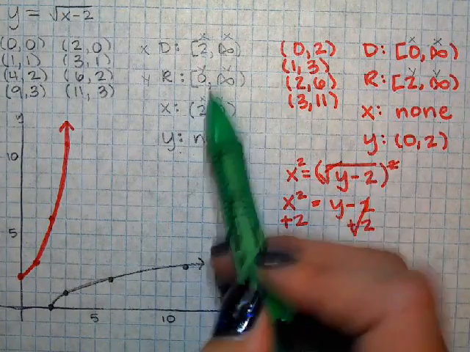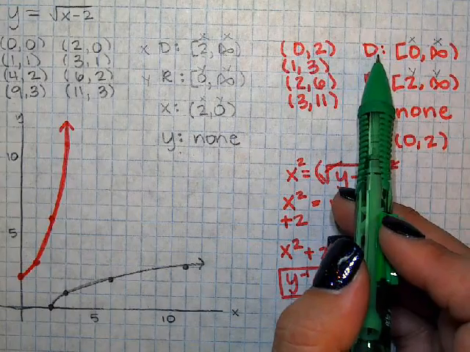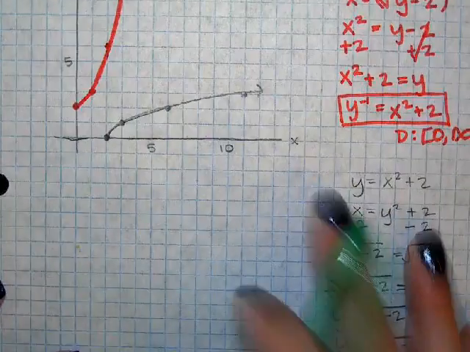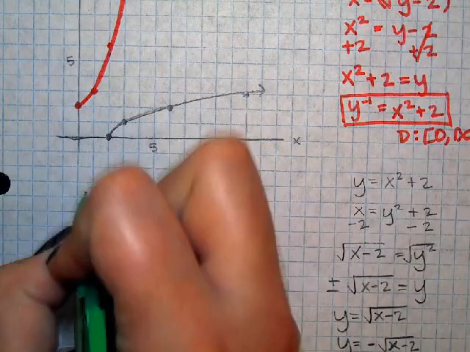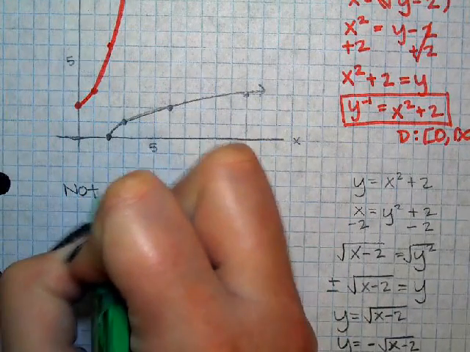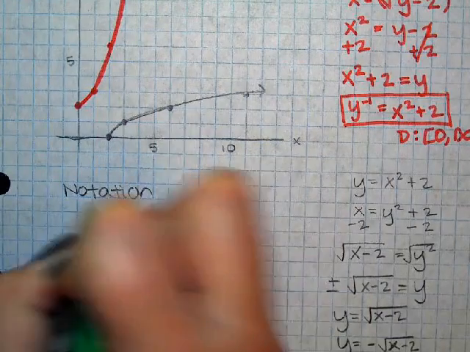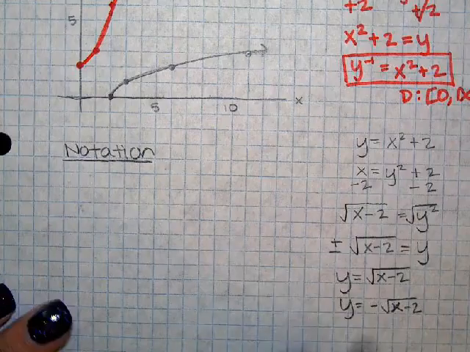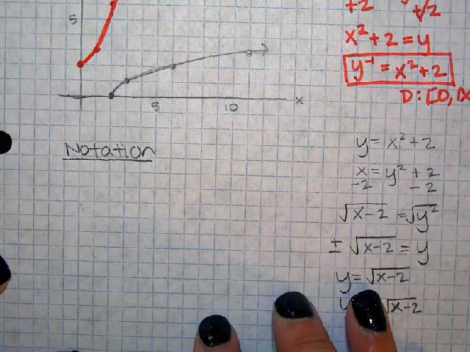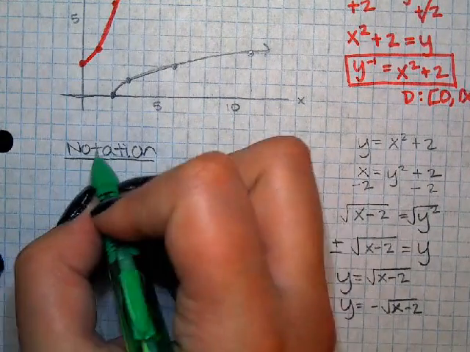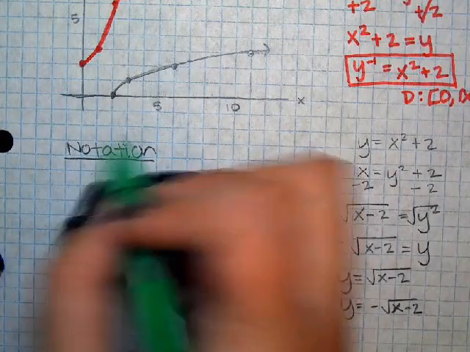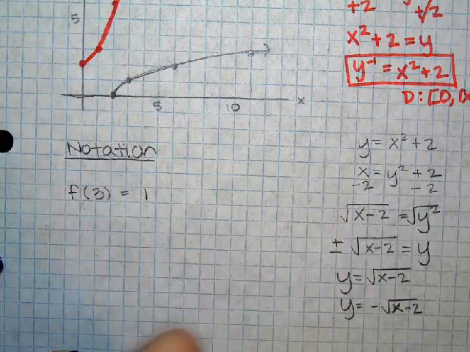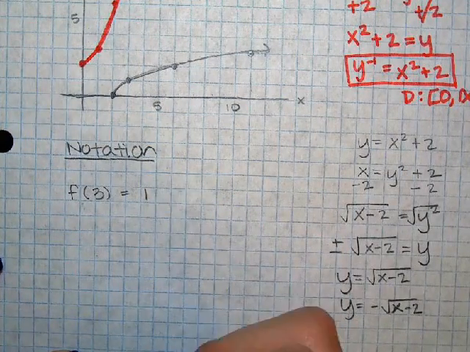Okay. Now I want to show you guys some notation stuff. If they were saying something about the original function, for that beginning problem, they might say f of 3 equals 1. So that was one of the points we had. If you plugged in an x coordinate of 3, you got a y coordinate of 1.